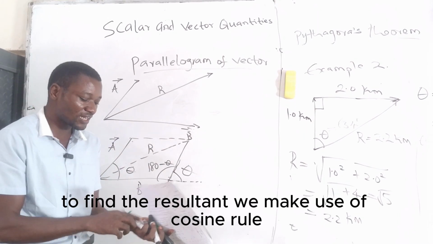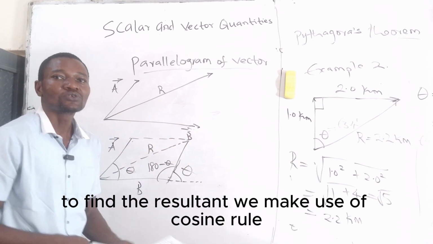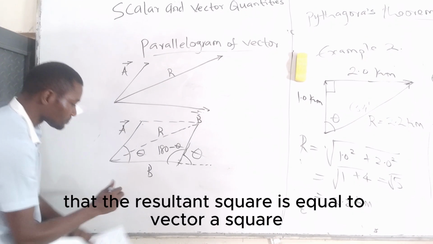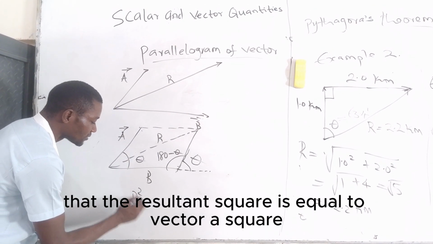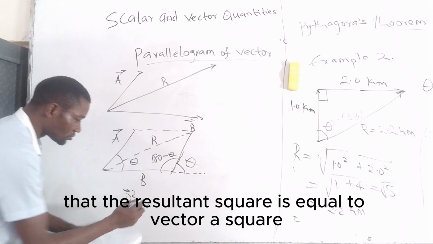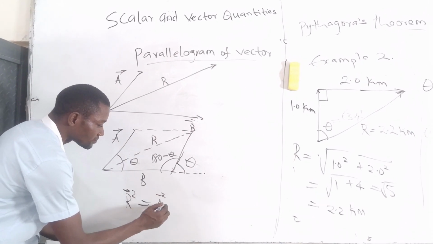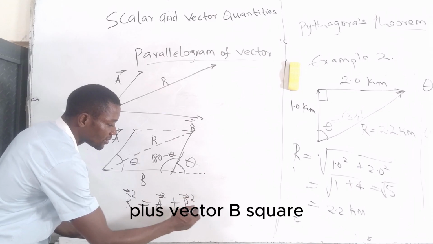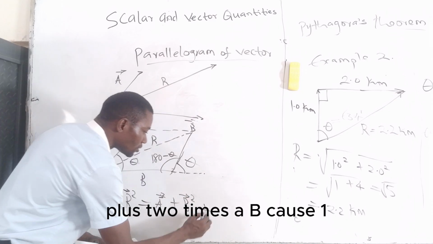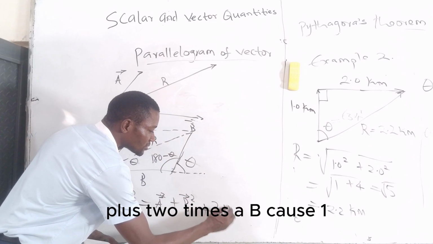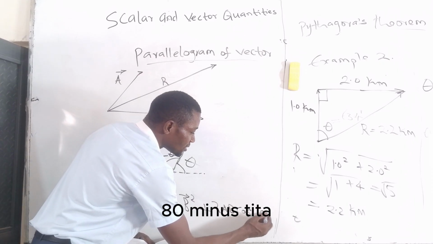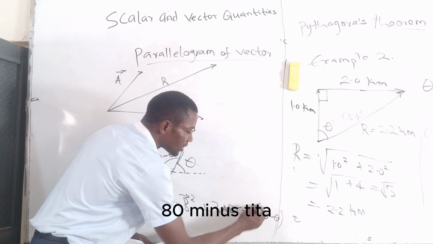To find the resultant, we make use of the cosine rule. According to the cosine rule, the resultant squared is equal to vector A squared plus vector B squared plus 2 times AB cos of 180 minus theta.